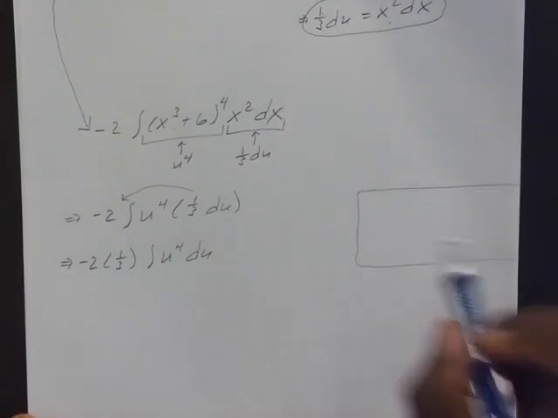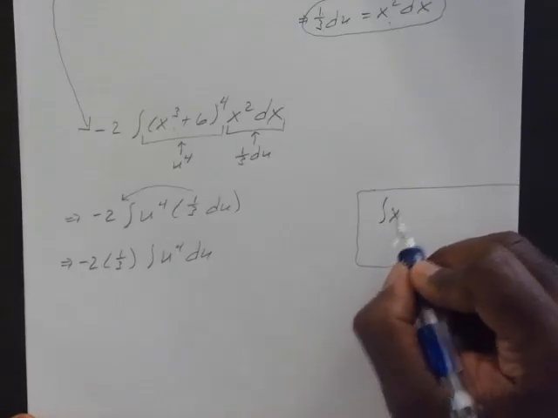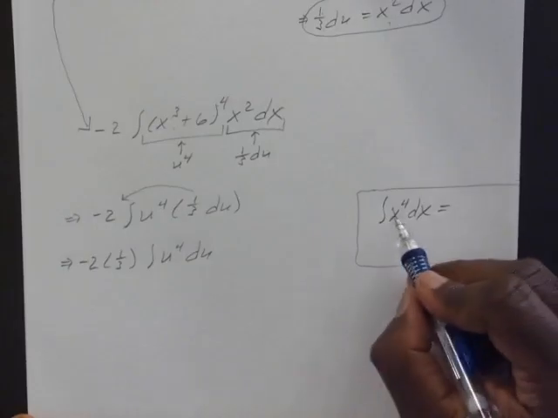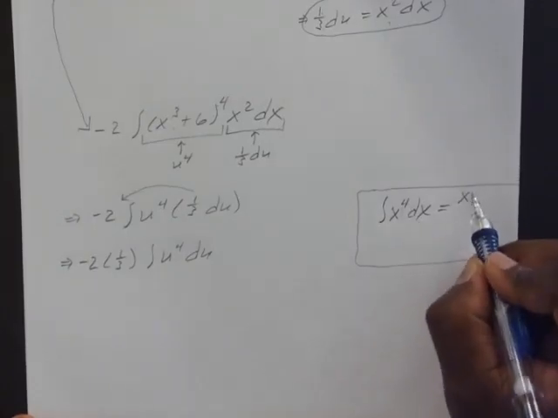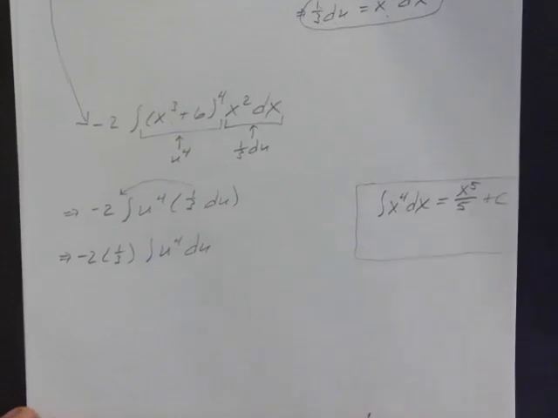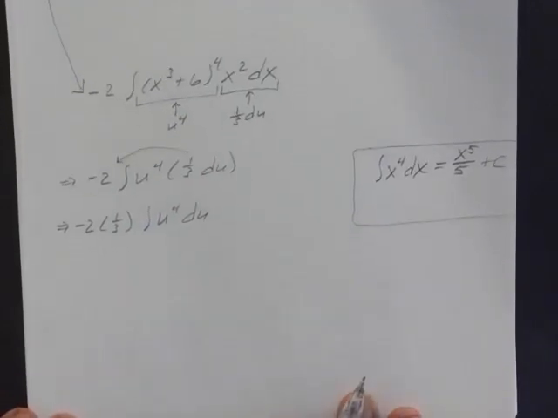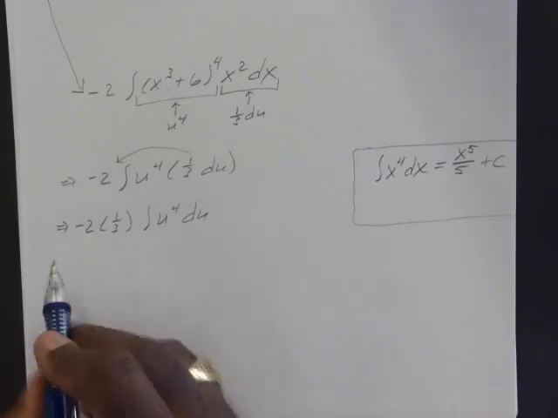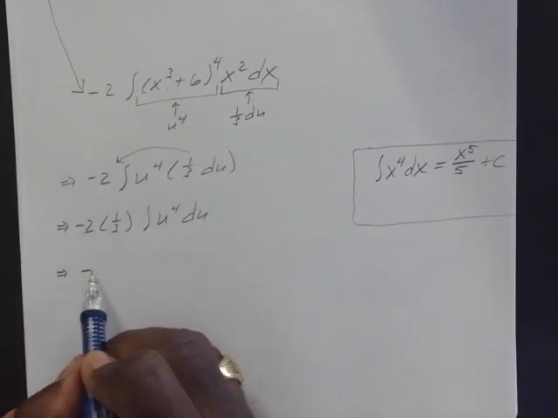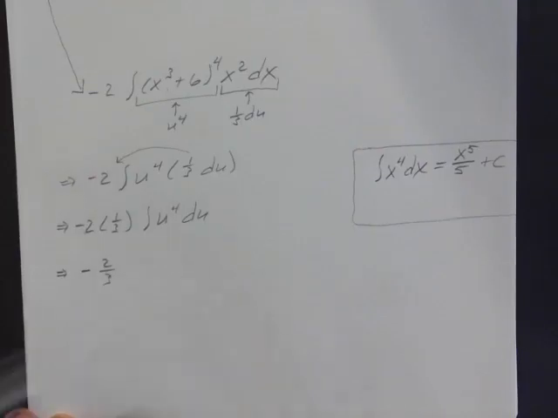So if we had the integral of x to the fourth power dx, then that would just be x to the power of 4 plus 1 divided by 4 plus 1 plus c. With this one, same thing. Negative 2 times 1/3, we can just make that negative 2/3.